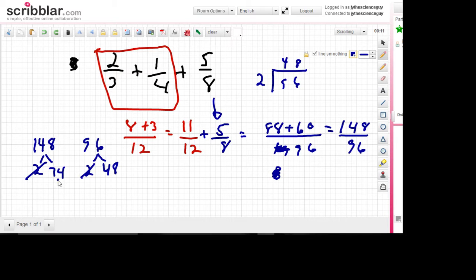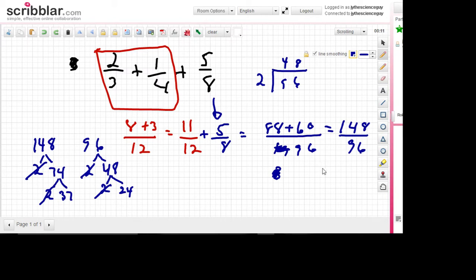Now I got to break this number down. What number do those two numbers have in common? Still 2. So when you divide 74 by 2, what do you get? 37. And what's 48 divided by 2? 24. These 2's cancel.